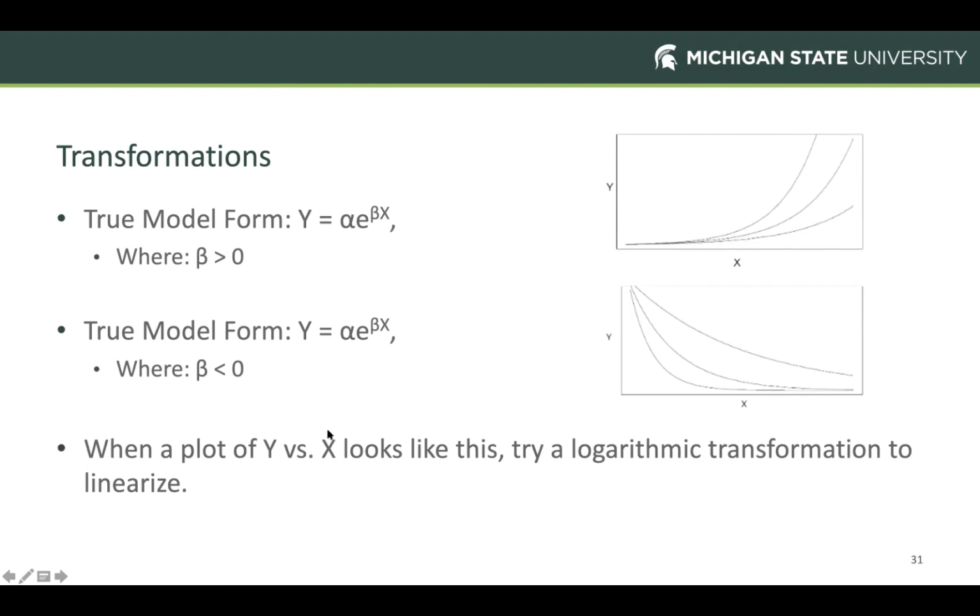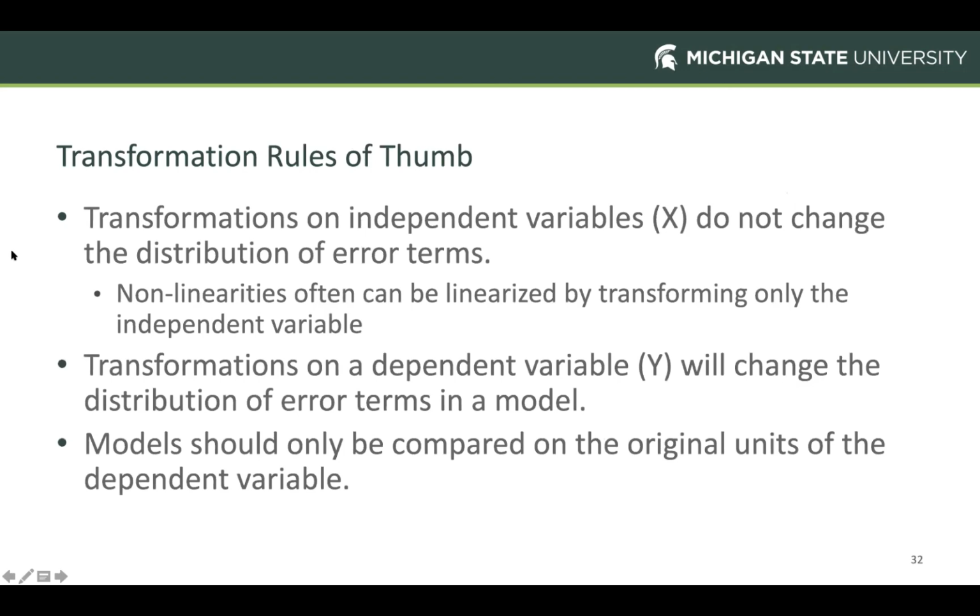It largely becomes an iterative procedure of transforming, rerunning the analyses, and then rechecking our underlying assumptions, okay? Some general rules of thumb: when we transform our x variables, that's not going to have any impact on our error terms, interestingly. So oftentimes the first thing we check is whether we can transform an x and have all of our other assumptions essentially unaffected.